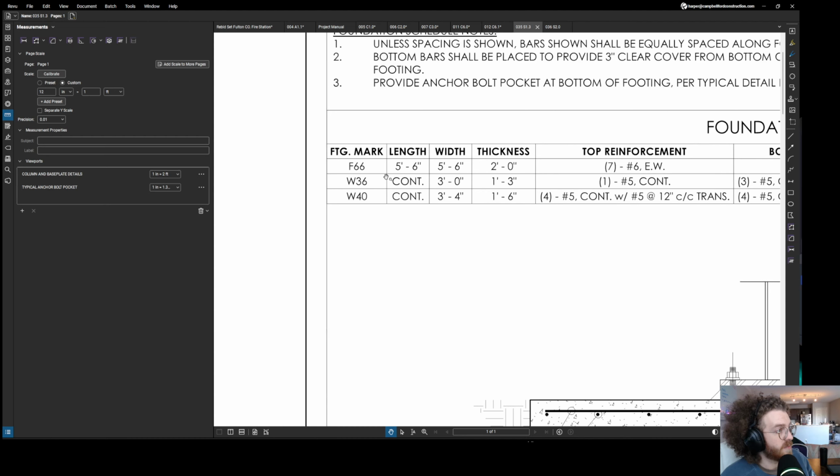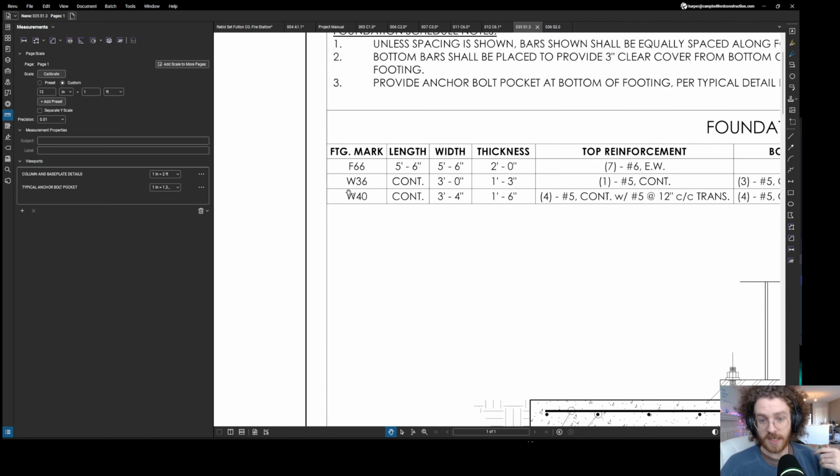So we can see here that we've got an F66, which is a 5.5 foot by 5.5 foot by 2 foot thick. Those are some big boys, some pretty big spread footings. These right here, that CONT there, continuous is what it stands for. The W36 is a continuous footing, which means it runs the length of a wall or the length of whatever.